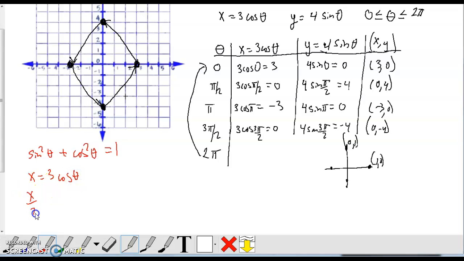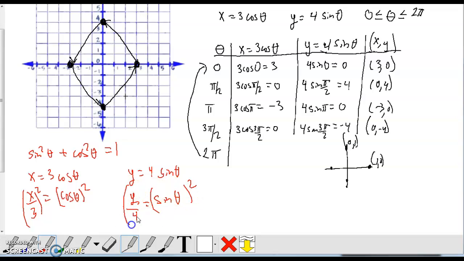I'm going to divide both sides by 3. So how do I make this squared? Well, that's easy. I can just square it, which means I'm going to square it on that side. And then I'll do the same thing for the y. I'm going to first divide by 4, so y divided by 4 is equal to sine of theta. And again, I'm going to square this side and square this side.